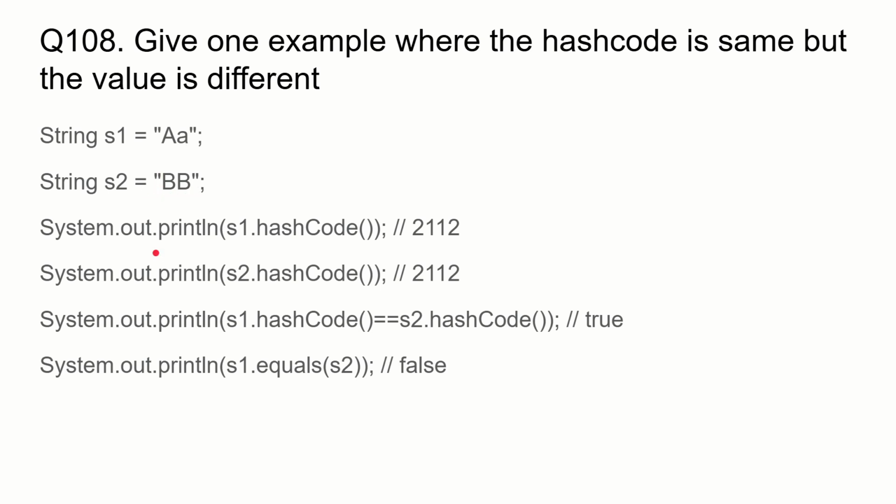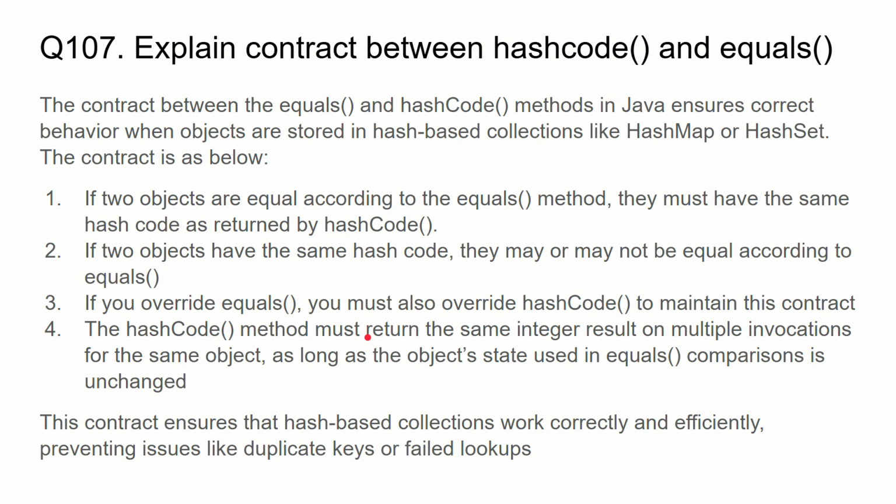If we print the hash code of these two, the hash code will be 2112, 2112. If we compare the hash codes, it will return true because both are the same. But if we check the equality of the content, then it will return false. So this is point number 2 here: if two objects have the same hash code, they may or may not be equal according to the equals method.